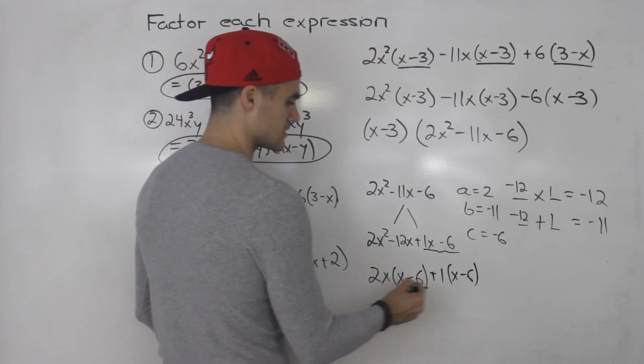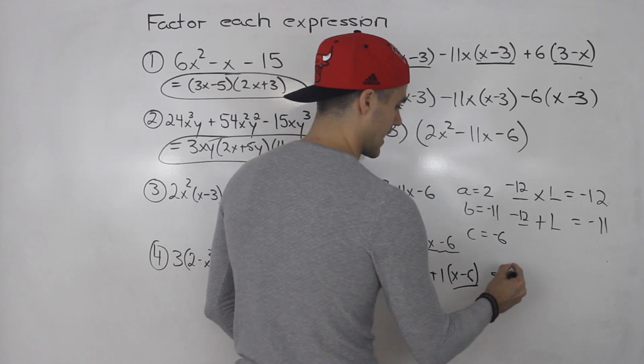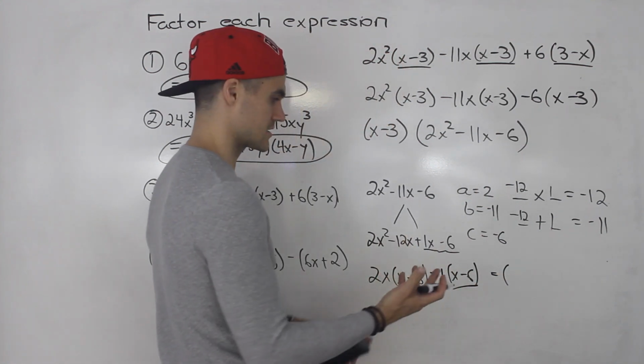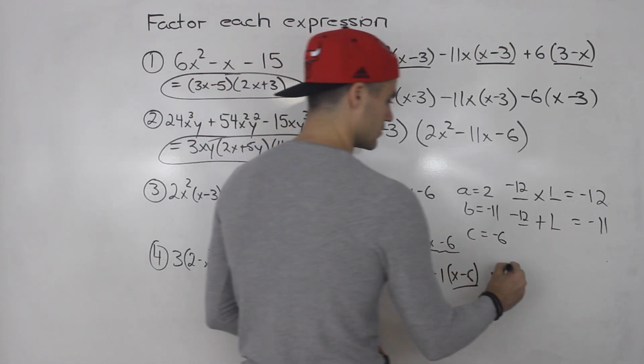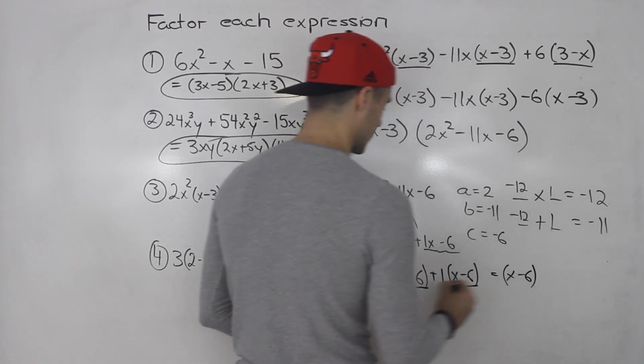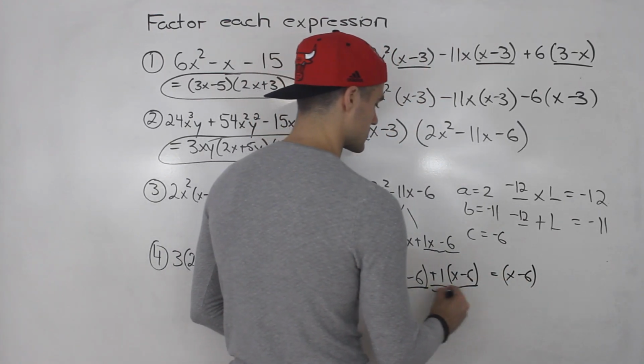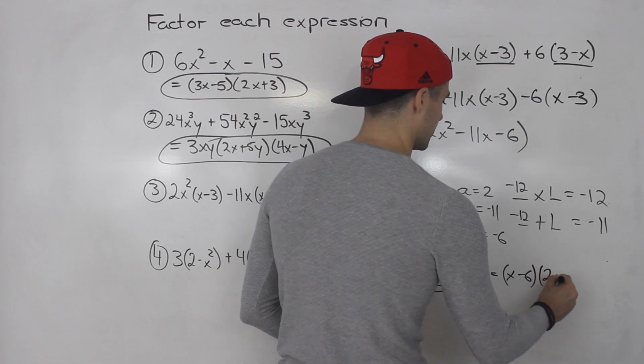So notice these two brackets are the same, as they always should be, because now you're going to take out that bracket, and what are you going to be left with? 2x plus 1.